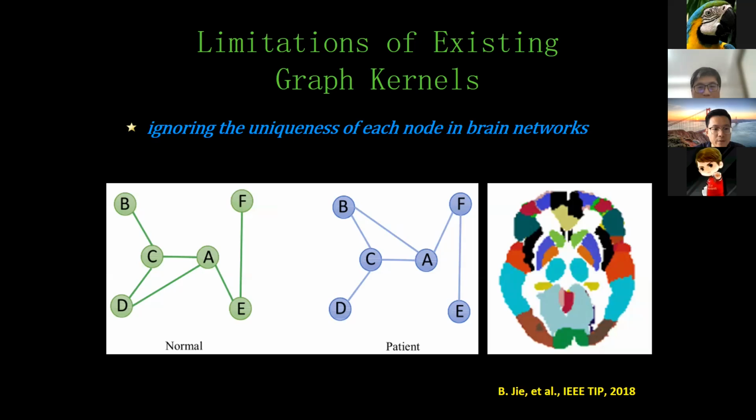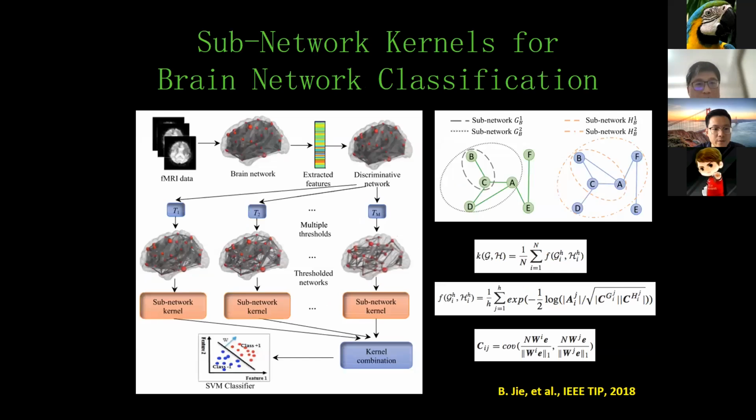For example, each node in the network corresponds to a different, unique brain region, and each region has different meaning. So we want to consider the uniqueness of each node in the brain networks. So we proposed a new graph kernel, and we use this new graph kernel for brain network classification.